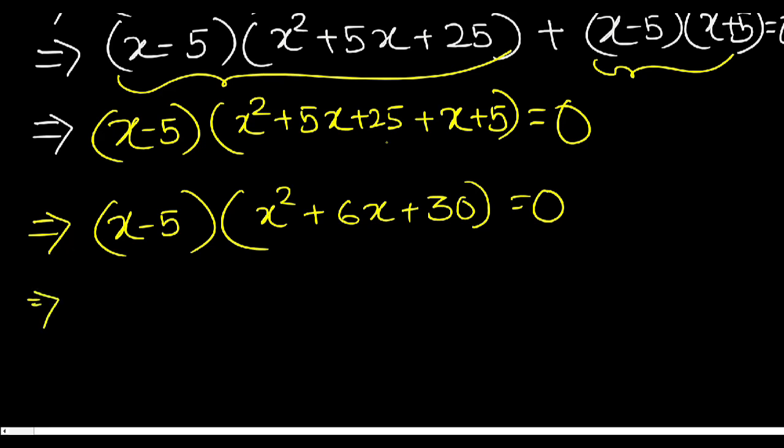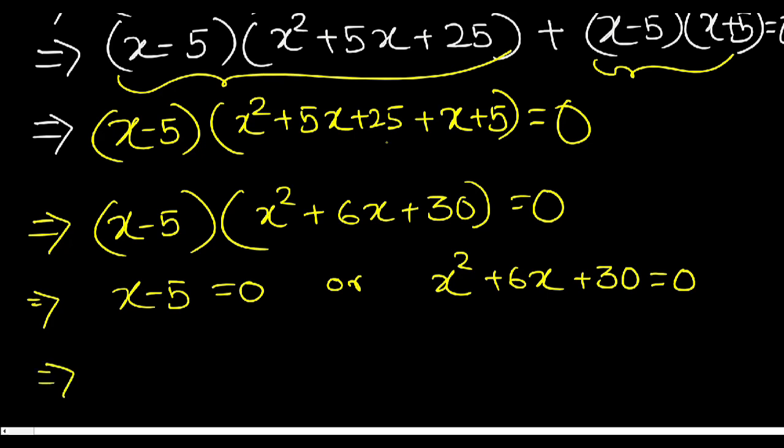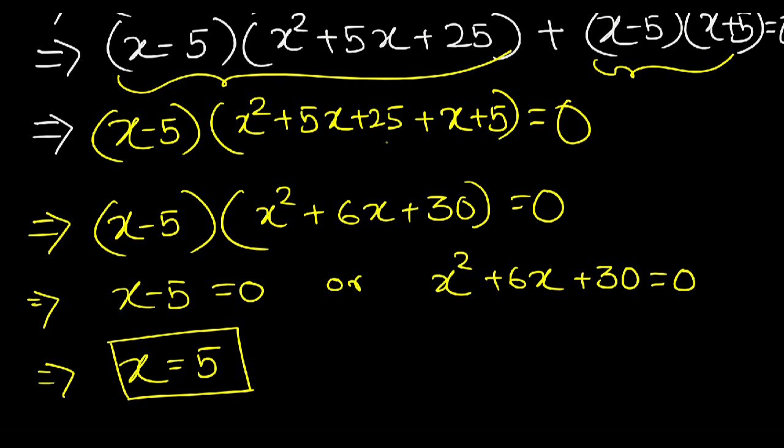And from this equation we can say either x minus 5 is equal to 0 or x square plus 6x plus 30 is equal to 0. When x minus 5 is equal to 0, then we can say x is equal to 5. Hence, this is one real solution for this equation.